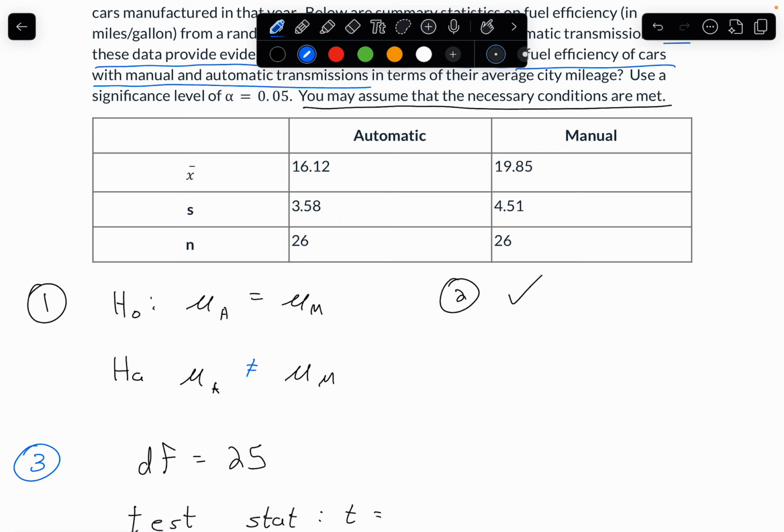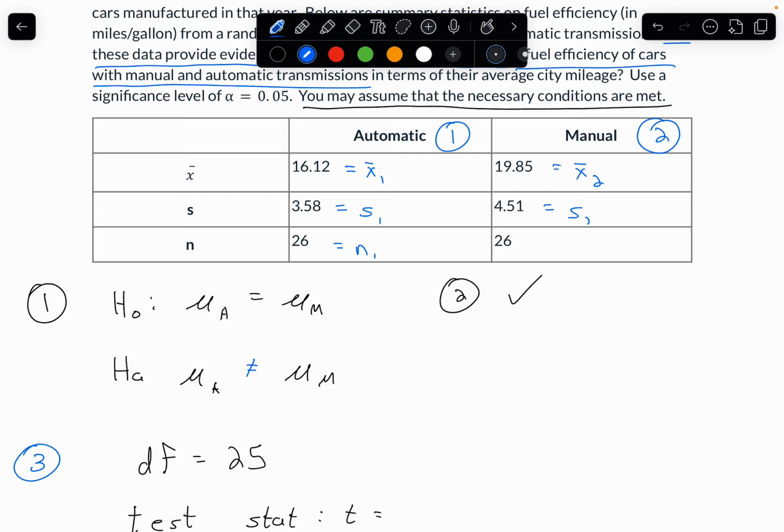The automatic transmissions are group 1 or sample 1, and the manual transmissions are sample 2, which means 16.12 is my x bar 1, 3.58 is our S1, and N1 is 26. 19.85 is our x bar 2.